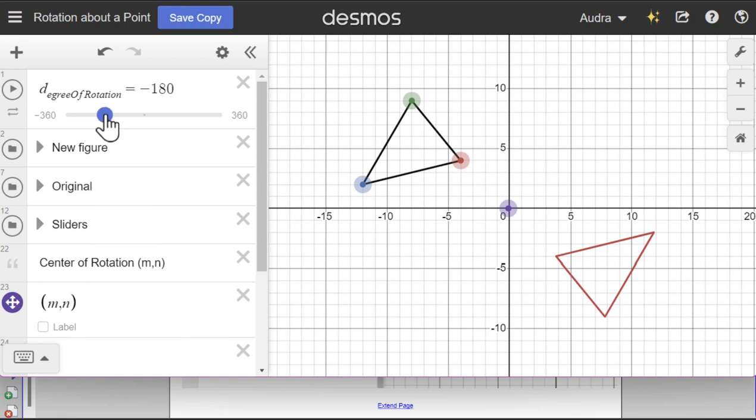Right now it's at negative 180. So if I bring it back to 0, where it originally started, negative is going clockwise, and positive is going counterclockwise or anti-clockwise. And we can see where the points end up lying when we get to different degree values.